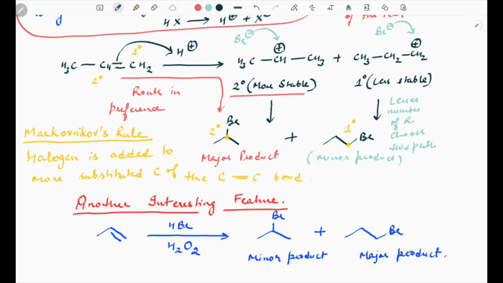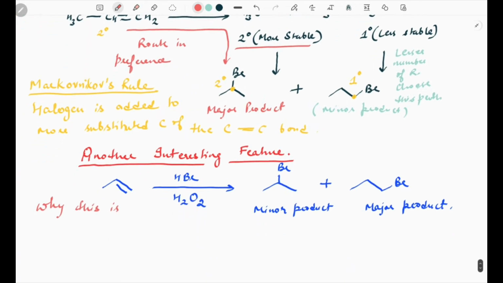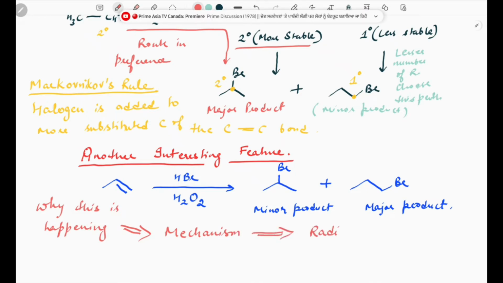And again the same question arises, why is this happening? Again, the answer will be provided by the mechanism, and this reaction follows a radical mechanism.